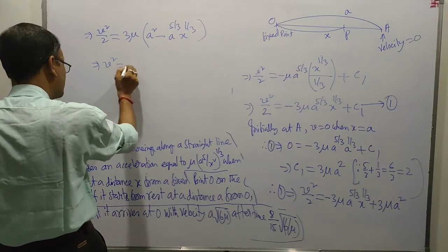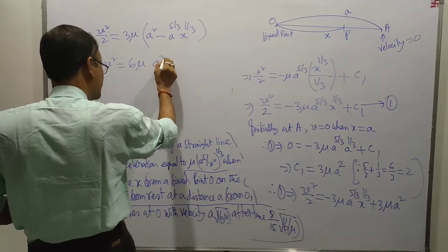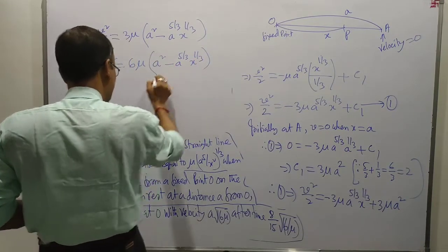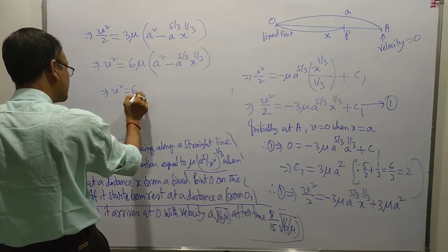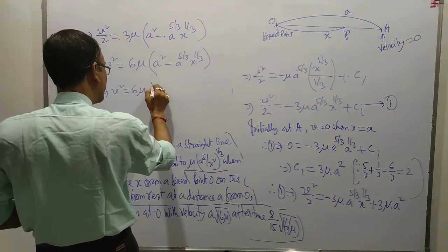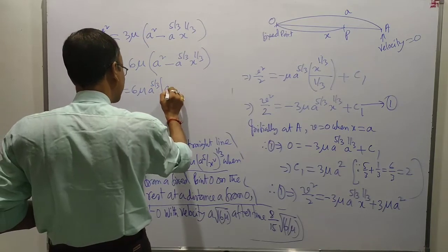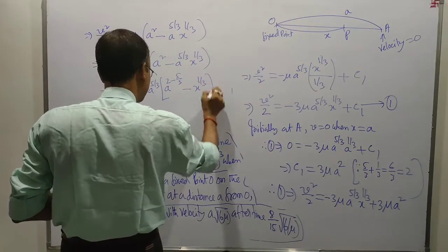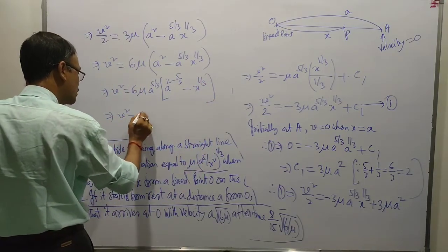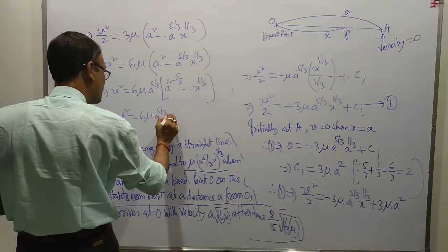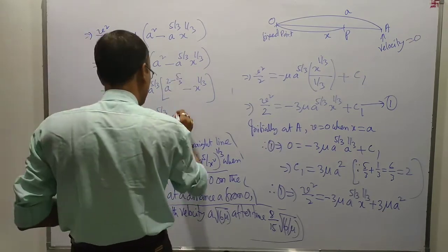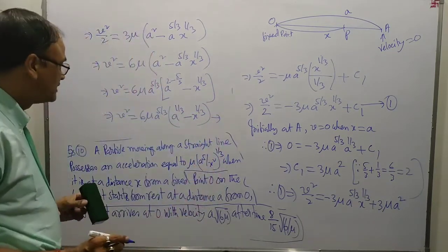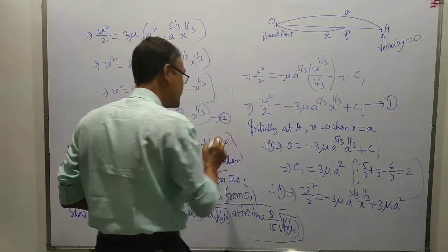Or v square equals 6 mu a to the power 5 by 3 times a to the power 1 by 3 minus x to the power 1 by 3. Suppose this is number 2.